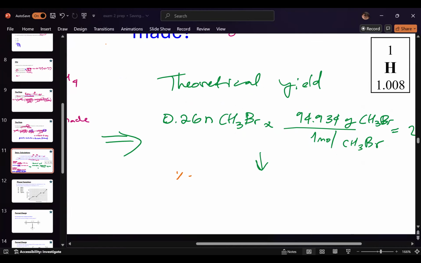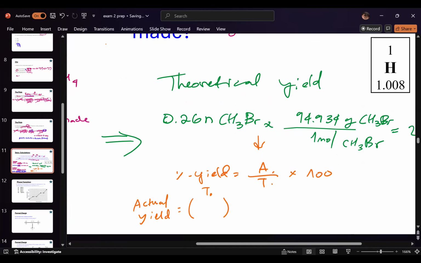We know that percent yield is equal to actual over theoretical times 100. We can manipulate this equation to say actual yield equals our theoretical yield times our percent yield divided by 100.